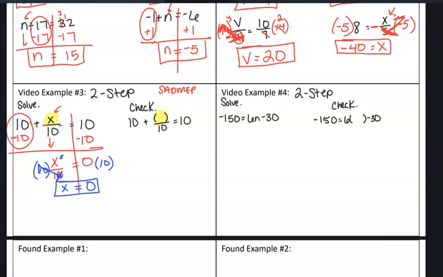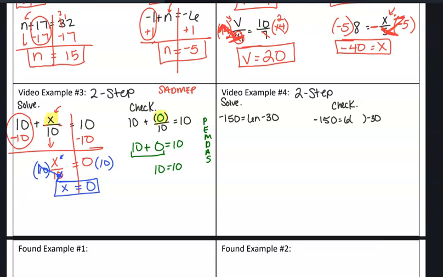We know, or we think we know, that x equals 0, so we are going to replace the x with 0. And now we use PEMDAS to simplify. So we have to simplify that multiplication division first. So we still have 10 plus 0 divided by 10 is 0 equals 10. And then 10 plus 0 is 10.